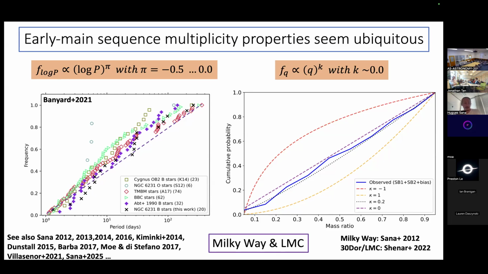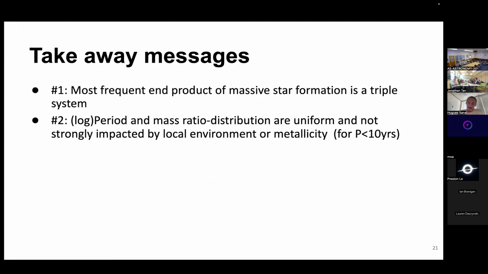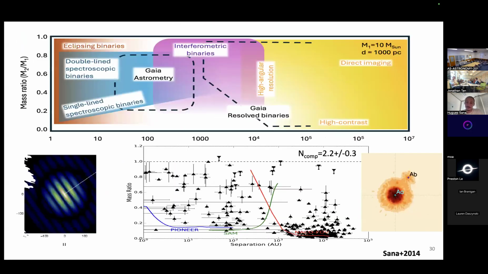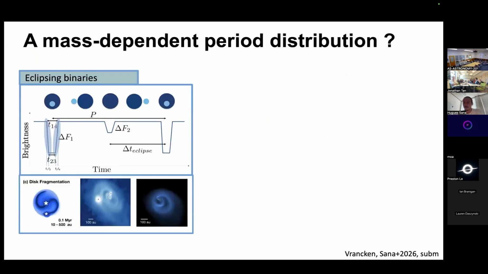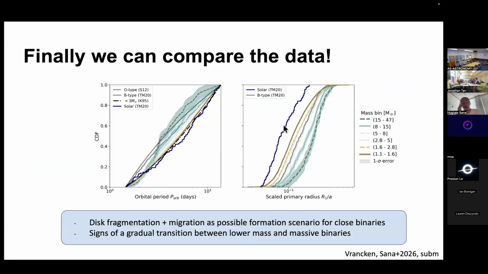I must say, I have a public outreach figure somewhere that shows the difference. Well, I guess the mass where that transition happens would be interesting to know. But this is exactly what we were hoping to find when we did this study, where we tried to plot the period distribution of solar type stars here and massive stars there.